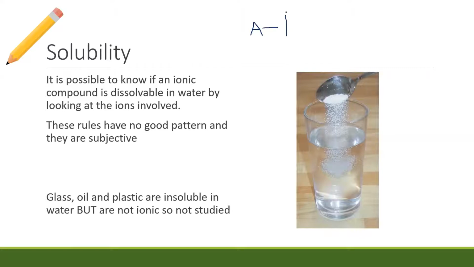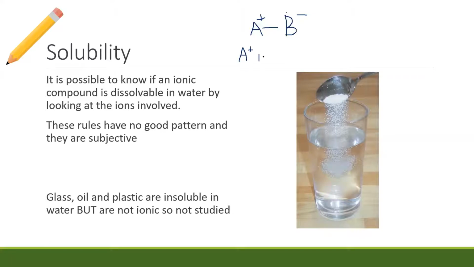The reason they're bound is that one of them is positively charged and one of them is negatively charged. The positively charged one is attracted to the negative charge, and the negative charge is attracted to the positive charge, and they stay together because they're attracted to each other. The A plus, that is an ion.